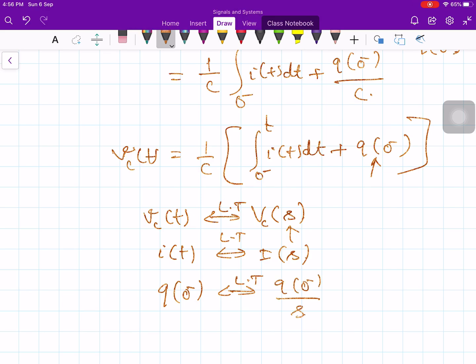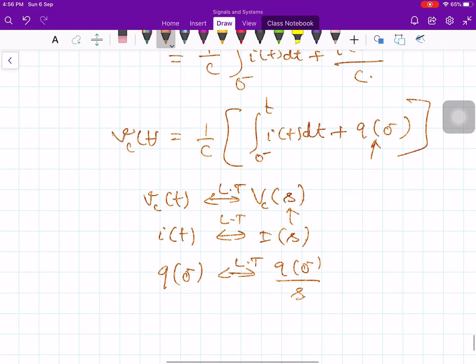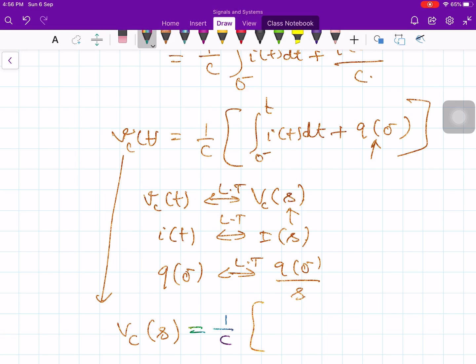Therefore this equation becomes capital Vc of s is equal to 1 by c multiplied by s times I of s. This is a definite integral. The definite integral comes like this, plus q of 0 minus divided by s.